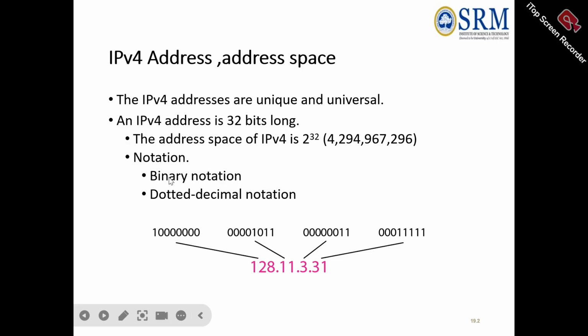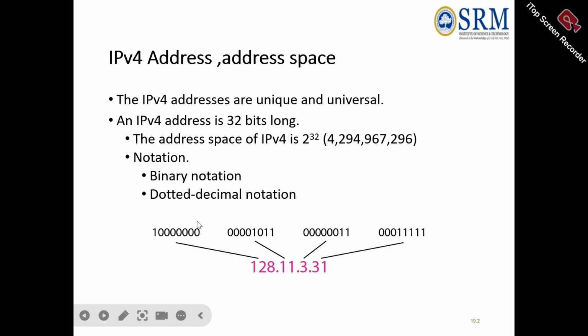Here is how we convert binary notation into dotted decimal notation. In the first octet there are 8 bits. Out of those 8 bits, the first bit is 1 and the remaining 7 bits are 0. First we have to know the place value of each bit.